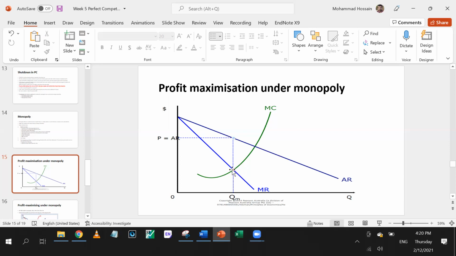You can understand very easily the firm is going to produce this much. They are not producing where MC, the supply, meets demand. They are not producing at the efficient point. It's called the efficient point because this is supply, this is demand, and where the demand and supply meet is known as the equilibrium. So this point is equilibrium.